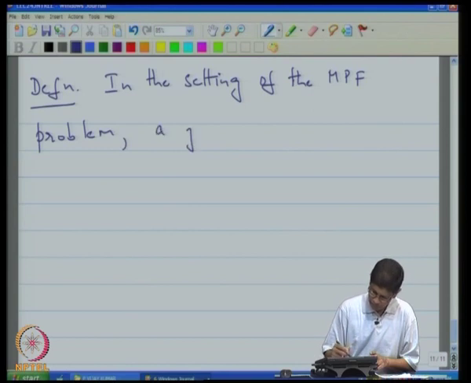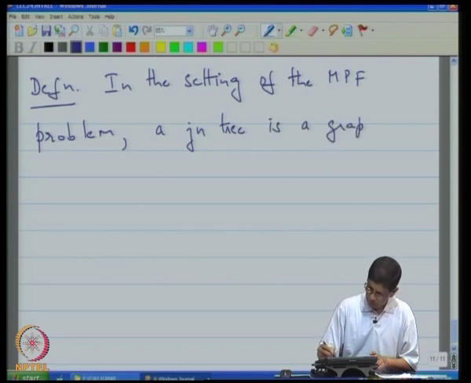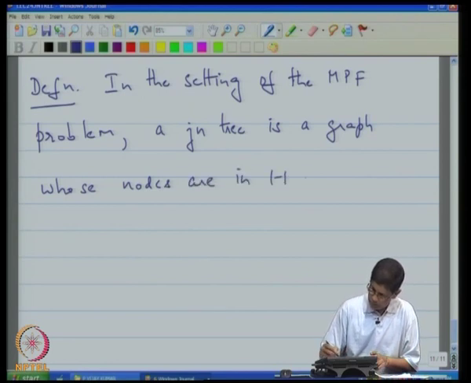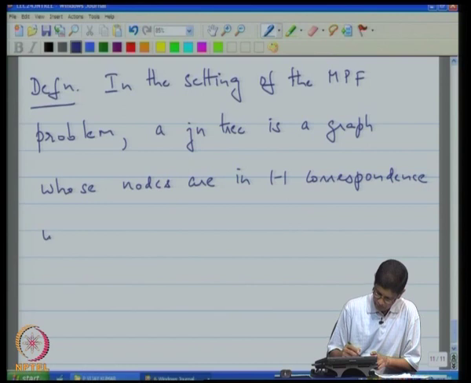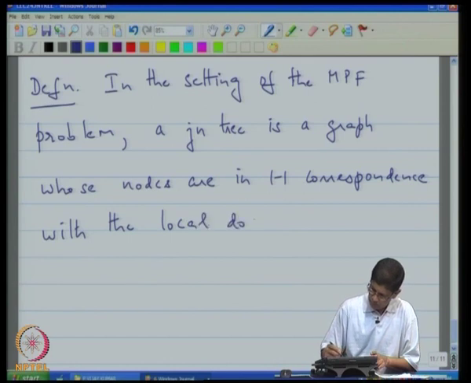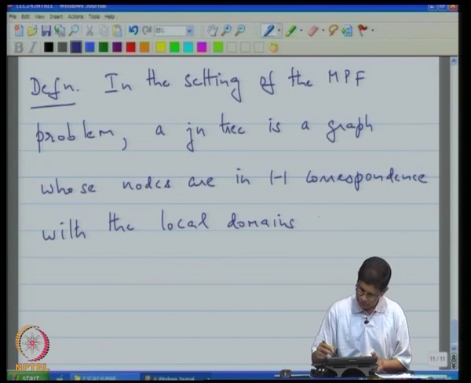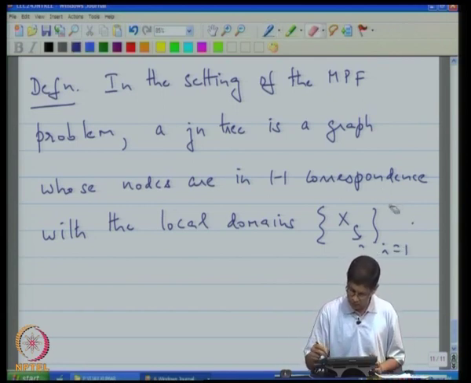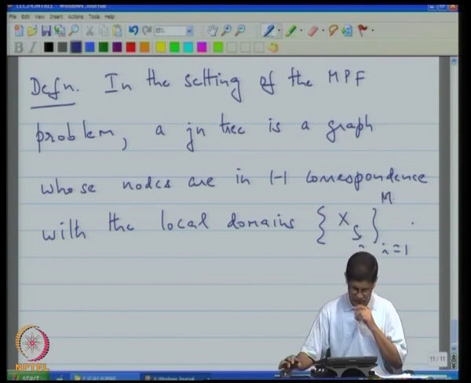A junction tree is a graph whose nodes are in one-to-one correspondence with the local domains x of S i, i going from 1 to M. So, there are capital M nodes, each one corresponding to a certain local domain.